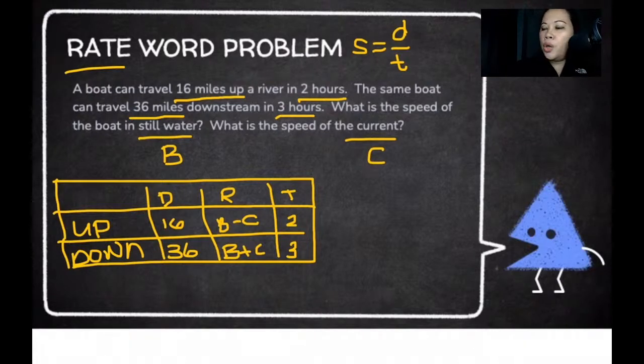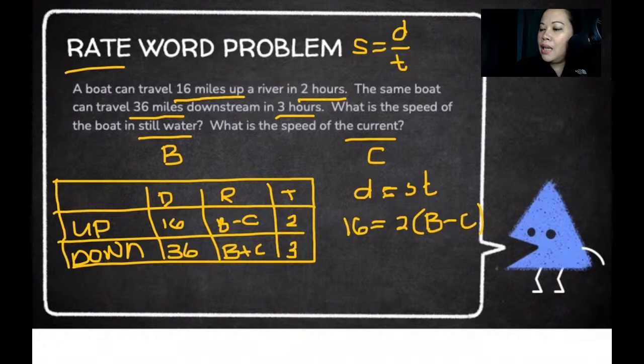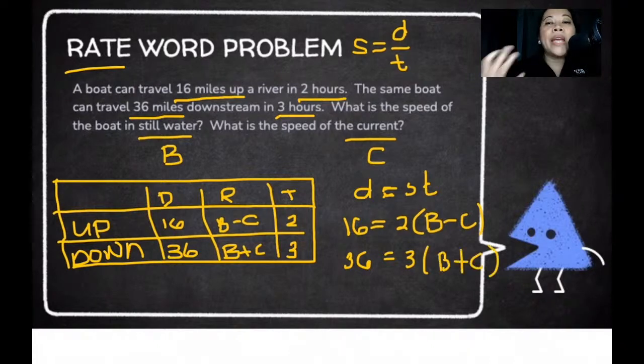Going back to the formula, distance is equal to speed times time. So we just need to substitute. 16 equals 2 times (b minus c), and then 36 equals 3 times (b plus c). So we have the following equations already.